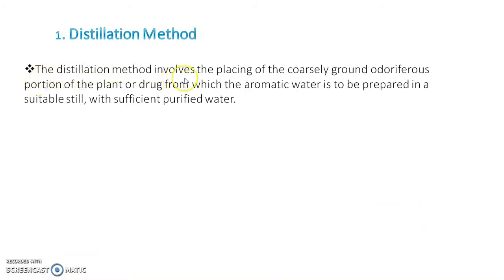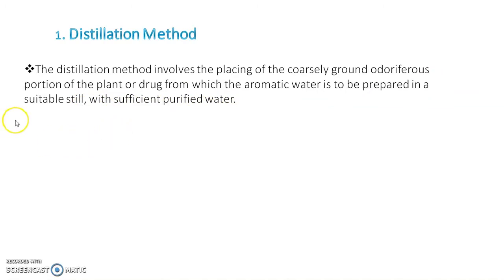The distillation method involves placing the coarsely ground odoriferous portion of the plant or the drug from which aromatic water is to be prepared in a suitable still with sufficient purified water.